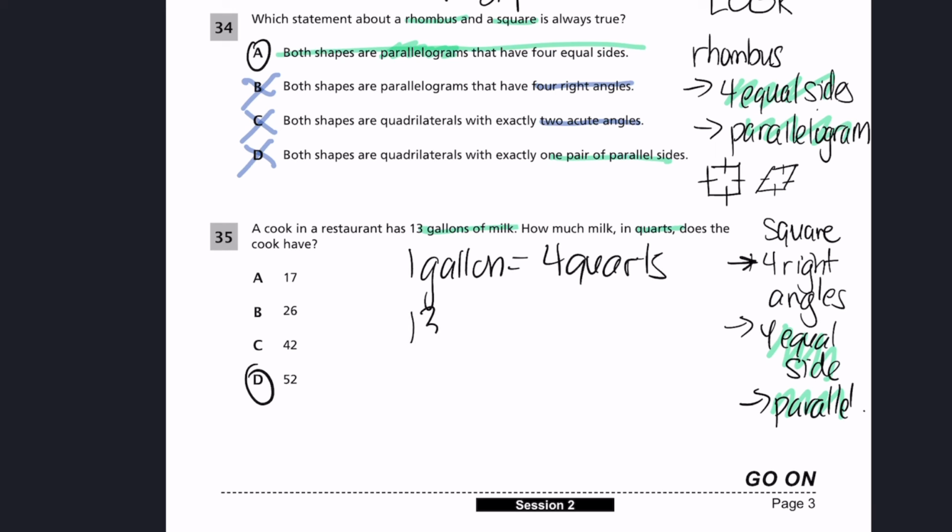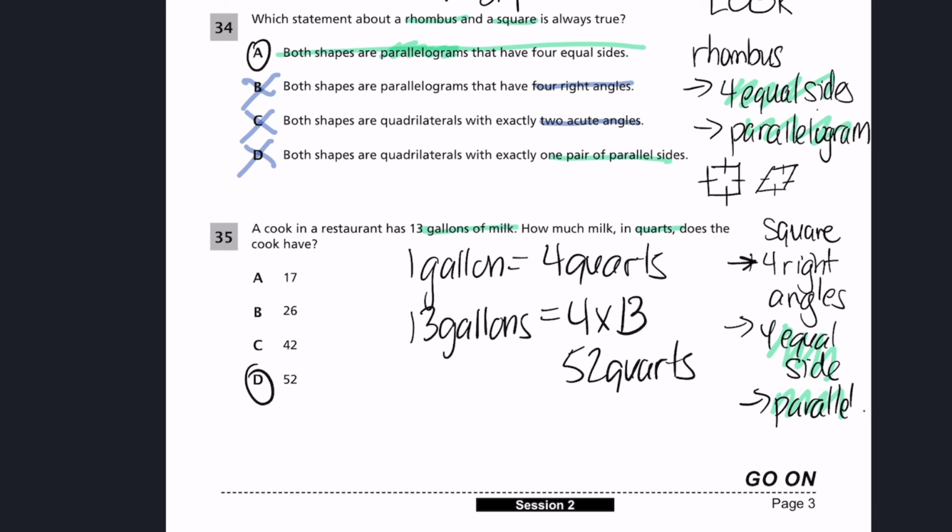So if you have 13 gallons, then you're going to do 4 times 13 to get 52 quarts. If you're somewhere that doesn't have a reference table like at the market, you could just always tell yourself the story of King Gallon.